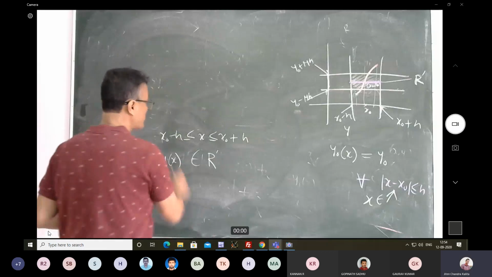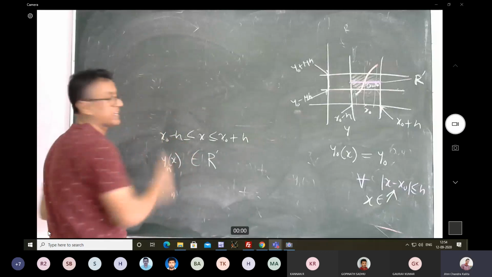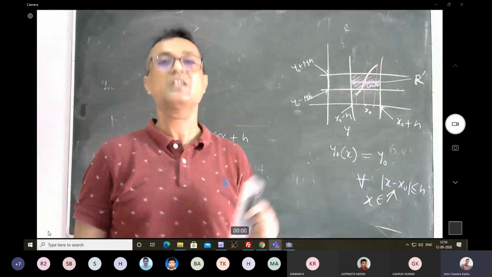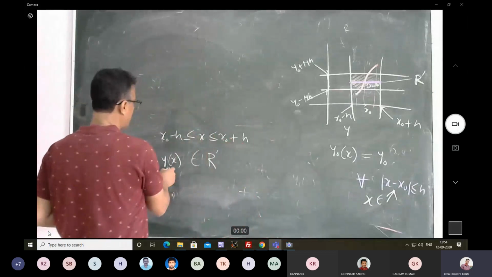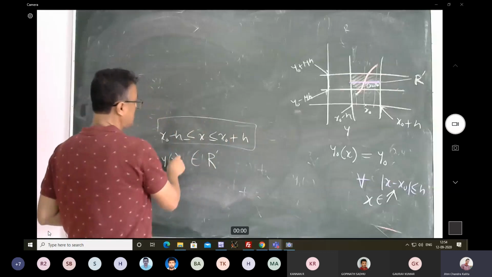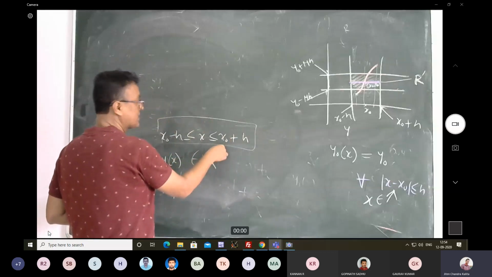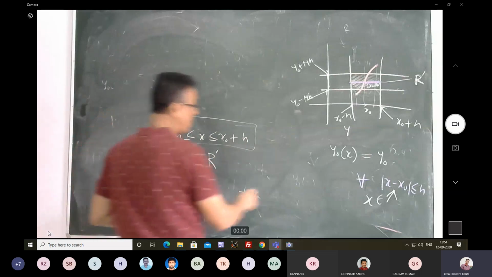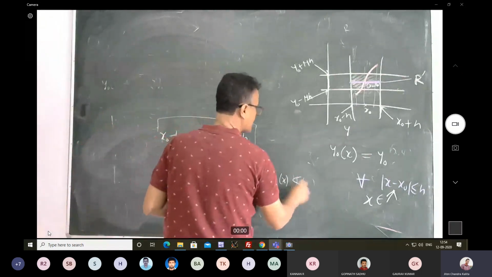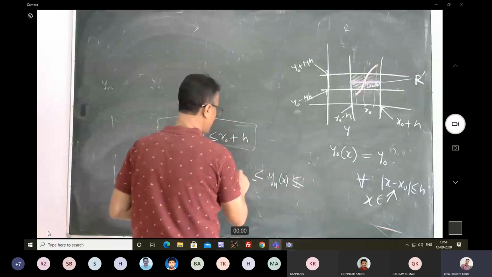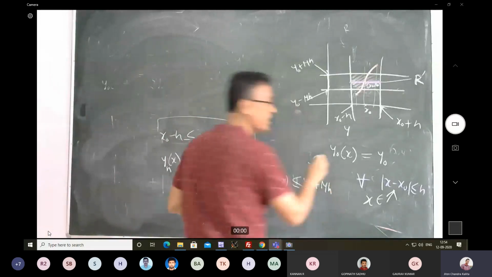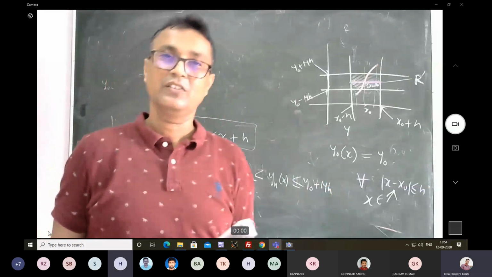We have to simply prove that, let me say yn(x), because they are nothing but the terms of the sequence, which are nothing but functions. If we have to prove that yn(x) for all x lying in this interval is contained inside R prime, what we must prove is that yn(x) lies between y naught minus mh and y naught plus mh. Is it okay?